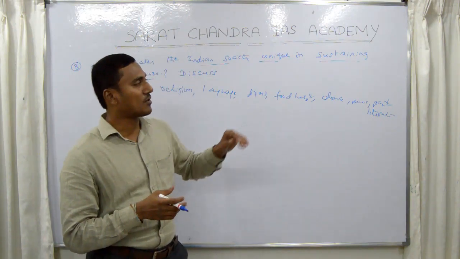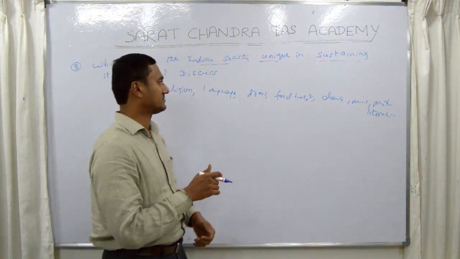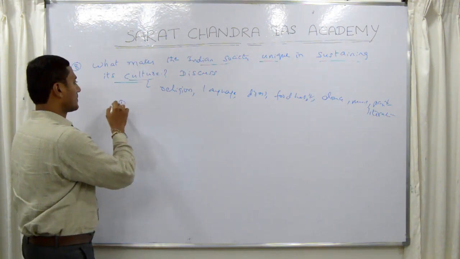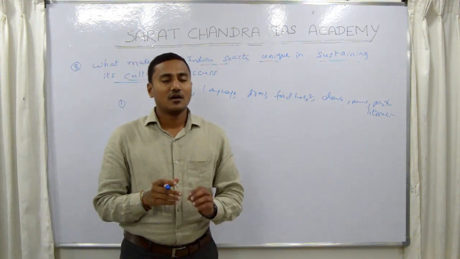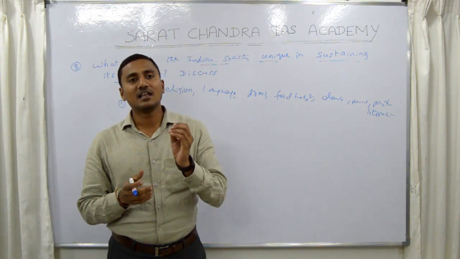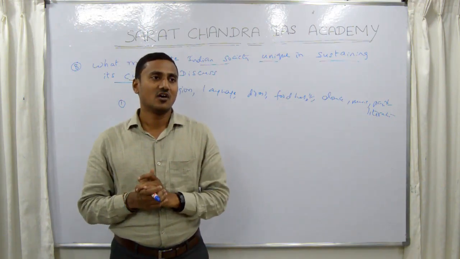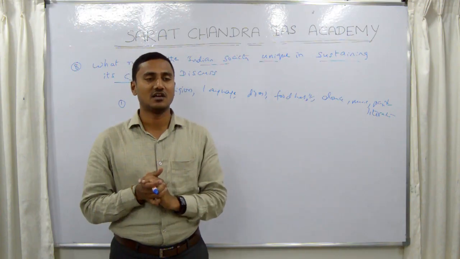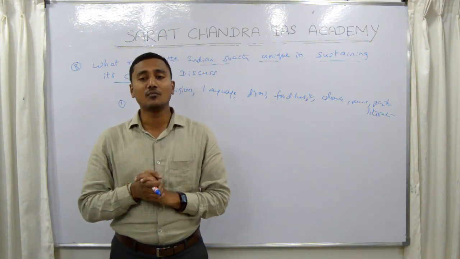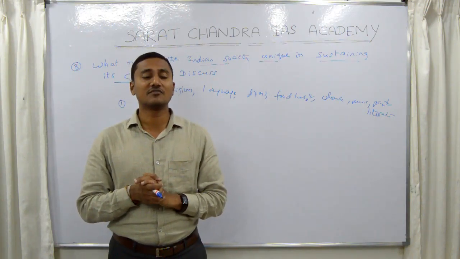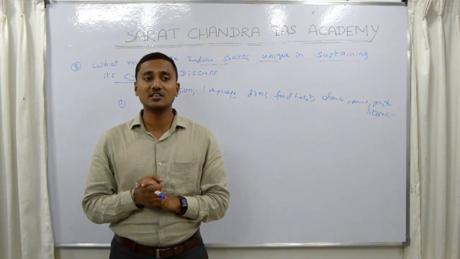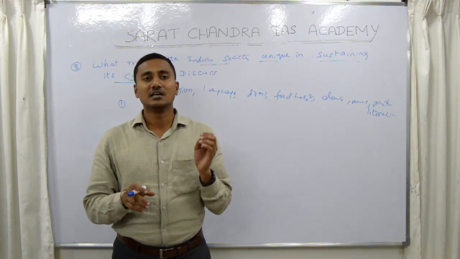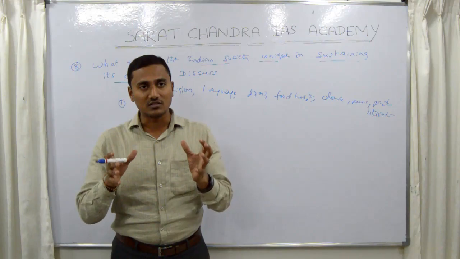Now here, some of the points we can think of are these. Many countries have a single language, a single religion, or a similar food habit. For them, it is easy to sustain their culture. But India has almost 1,650 languages, several religions, and diverse food habits, and still we are able to sustain all of these.